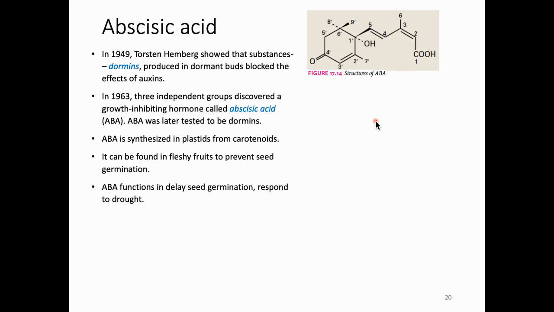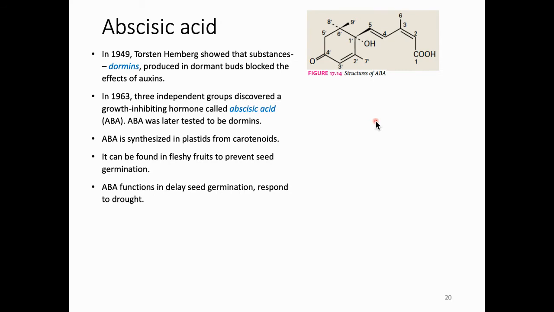It was later tested to be the same thing as dormin, and ABA is synthesized in chloroplasts or in plastids from the carotenoid pathway, and it can be found in fleshy fruit to prevent seed germination.